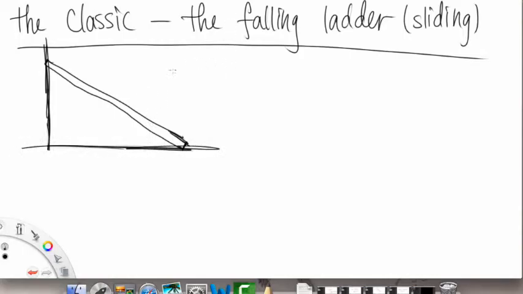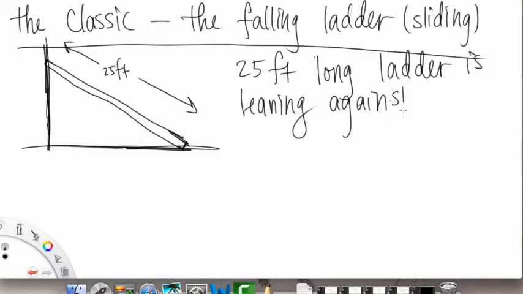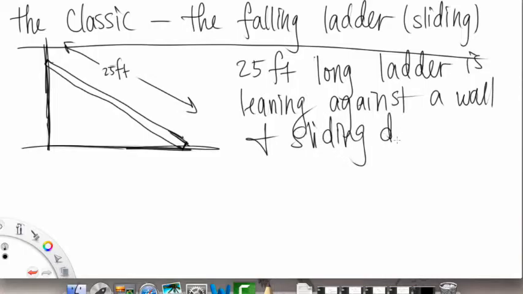And let's say, I'll give you a number, 25 feet long. So let's say this ladder here is 25 feet long, so 25 this way and this way. All right, so a 25-foot long ladder. This is what a problem would look like. It's leaning up against a wall, and sliding down at a rate.